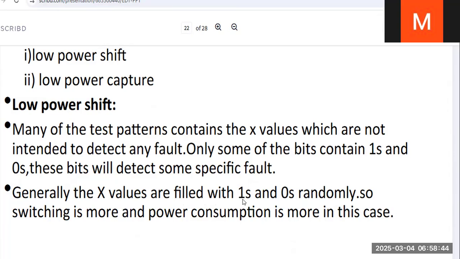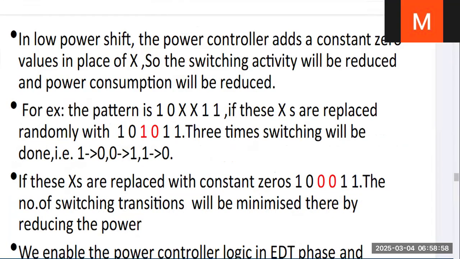So if we replace them with ones and zeros, 0 to 1 and 1 to 0 switching activity is more. With the help of low power shift technology, we can replace these with zeros, and thus reduce the switching activity and the shift power. In low power shift, the power controller adds constant zero values in place of X, so the switching activity and power consumption are reduced.